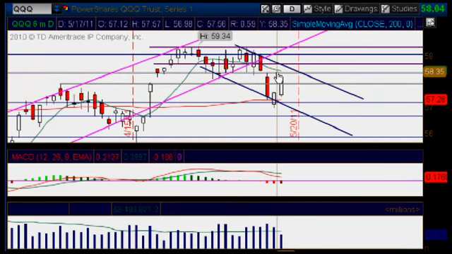So pay close attention to that tomorrow, because it is a significant area of resistance to watch at this point in time. If we ever break through the 8 moving average and then close above it, we could head all the way back up.